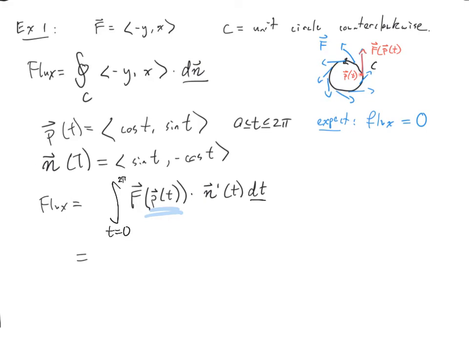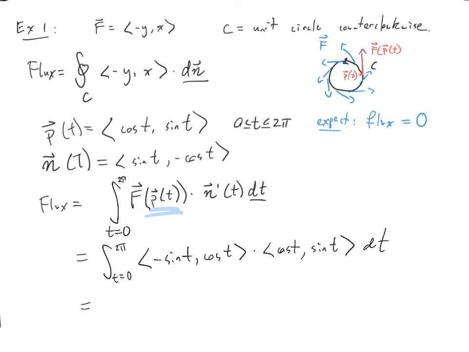So that's more proper. Okay, so t from 0 to 2 pi, F of p of t is minus sine of t, cosine of t. That's F. N prime is derivative of sine is cosine of t. Derivative of minus cosine is plus sine of t, dt.